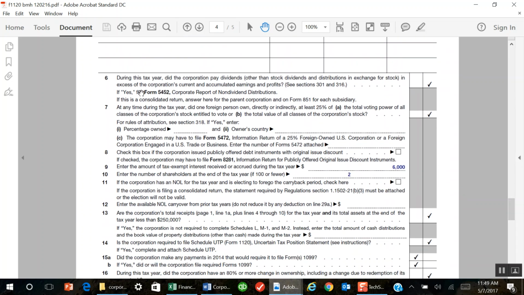that says, during this year, did the corporation pay dividends other than stock dividends and distributions in exchange for stock in excess of the corporation's current and accumulated earnings and profits? And if it did, then it's supposed to file a Form 5452. And I didn't want you guys to think you had to fill that out.